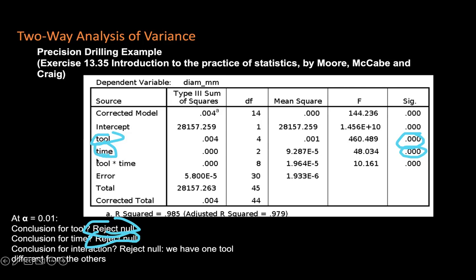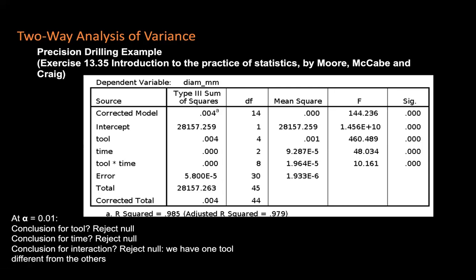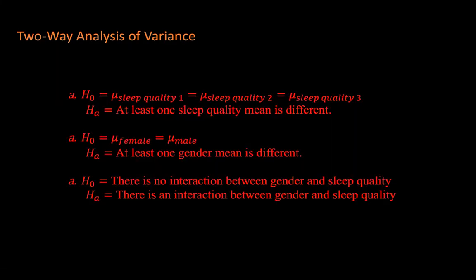For the interaction between tool and time, we also reject the null because the p-value is very small, close to 0. So for the interaction, we reject the null because we have one tool that is different from the others.